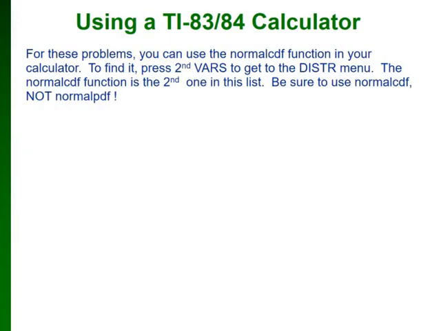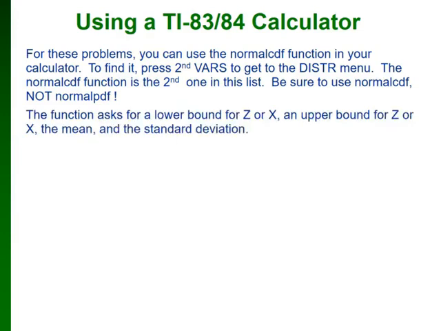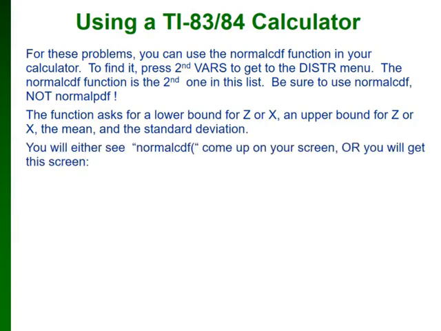If you're trying to use your graphing calculator, what you'll use is the normalcdf function. To find it, press second and the VARS key to get to the distribution menu. The normalcdf function is the second one in the list. Be sure to use normalcdf and not normalpdf. This function asks for a lower bound for either z or x, an upper bound, the mean, and the standard deviation.